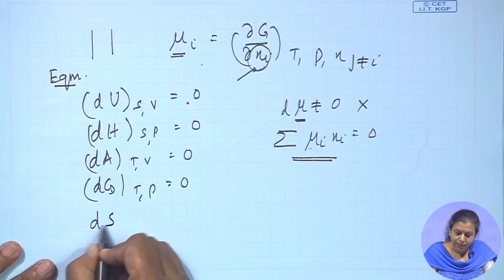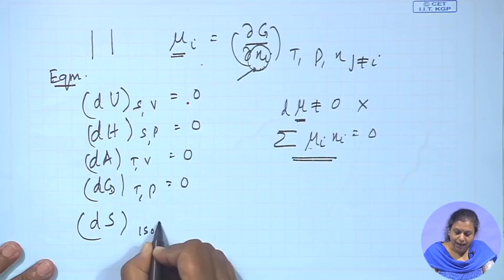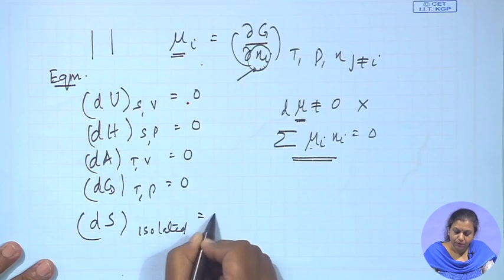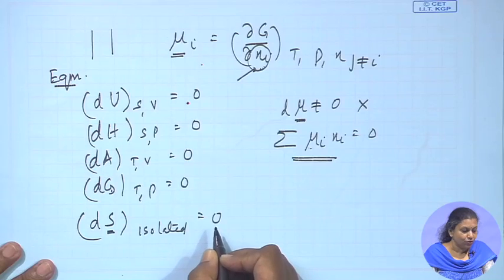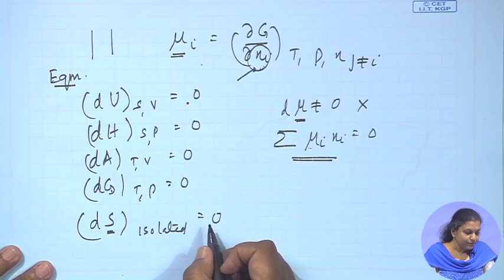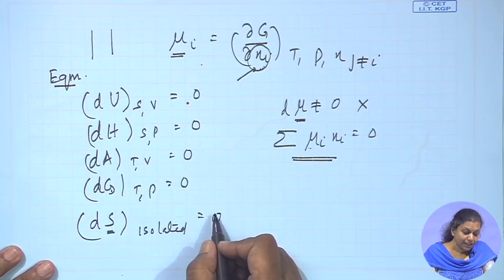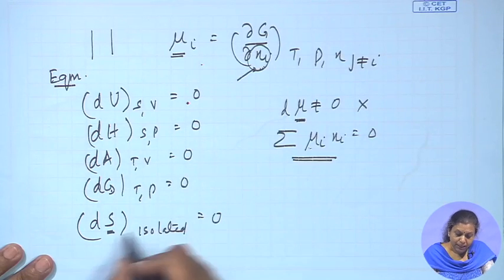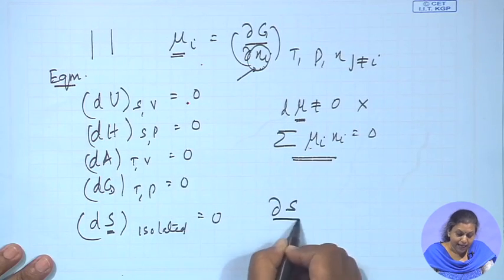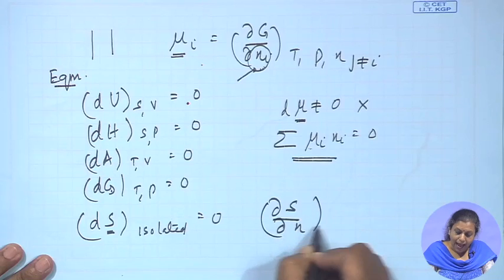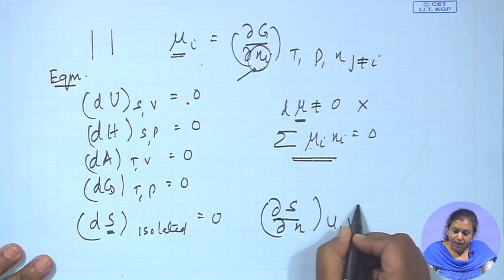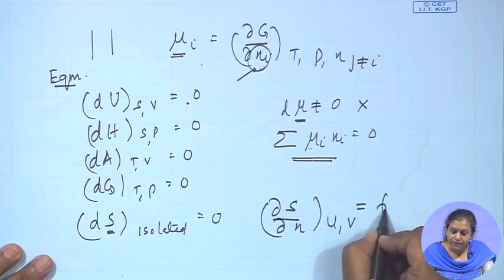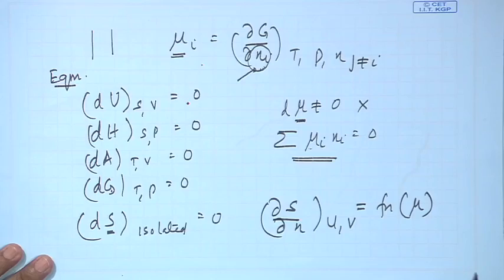For this case, it is dS isolated equals 0, where we know that S is not a thermodynamic potential. So it will be interesting to find out how the term del S del N at constant U, V is related to the chemical potential.